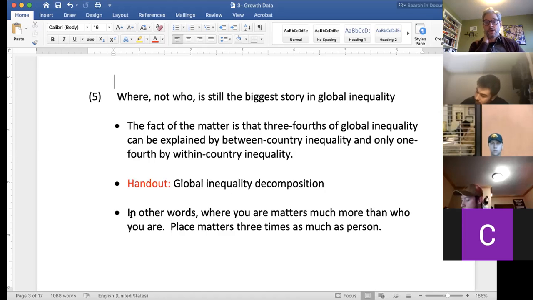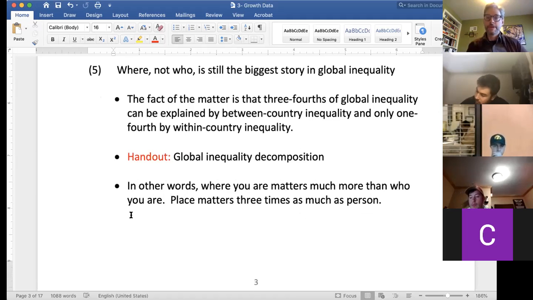According to economists, three-quarters of the income inequality we observe across the globe can be explained by which country you live in, and only one-quarter by everything else. So if you tell me which country you live in, I'm going to have a pretty good guess about what your income is.